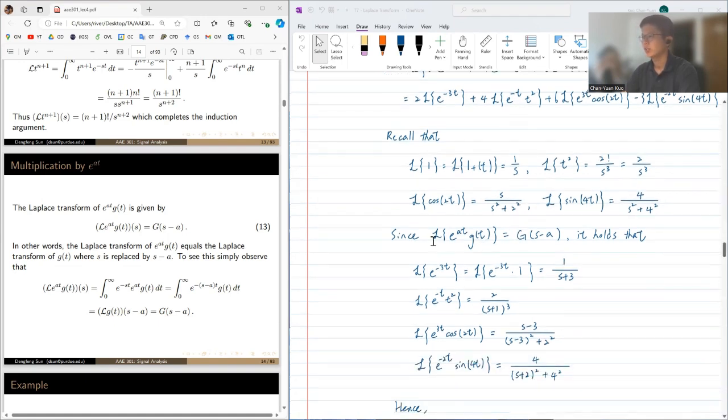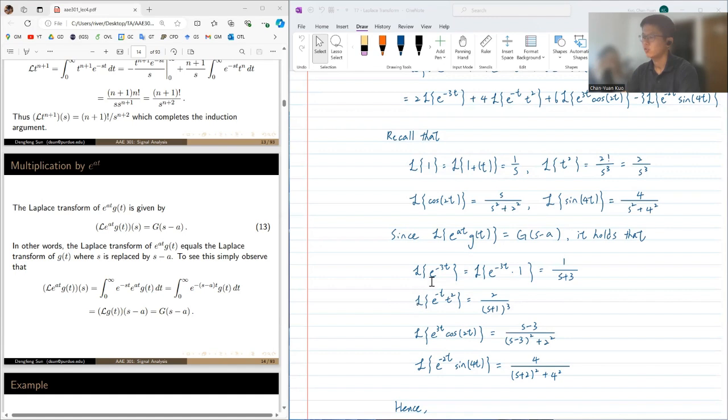And because we know that the Laplace transform of e to the at times g of t will equal G of s minus a, this means that the Laplace transform of e to the negative 3t, which is e to the negative 3t times 1, will give us 1 over s plus 3.